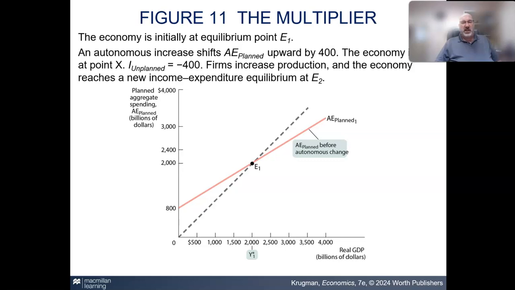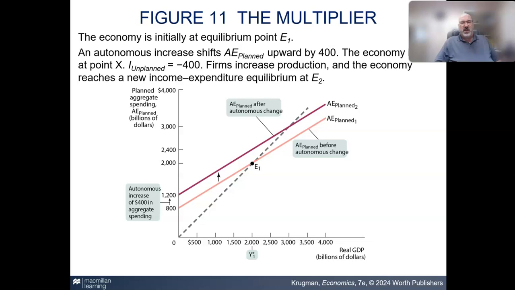So we were initially at equilibrium right there at point E1. The autonomous increase shifts the planned AE upward by 400, so let's move that up. We move up by 400, from 800 to 1,200, and so that happens.